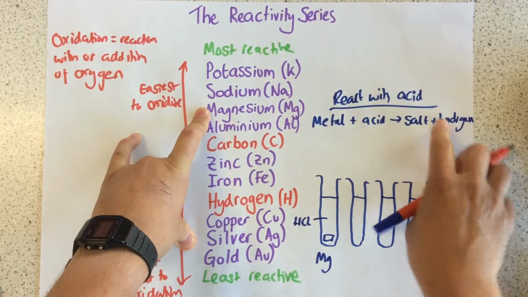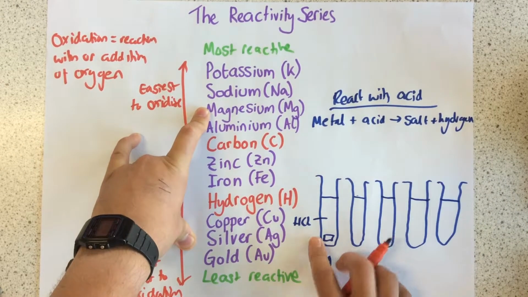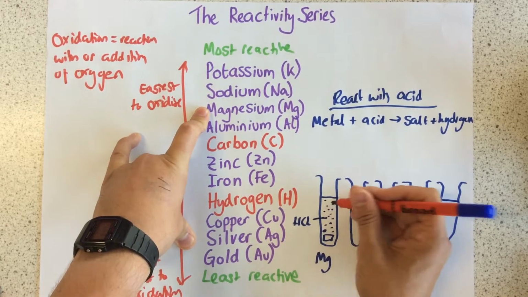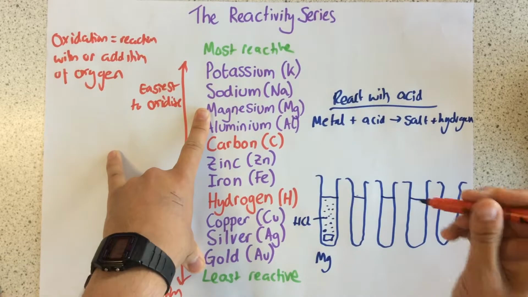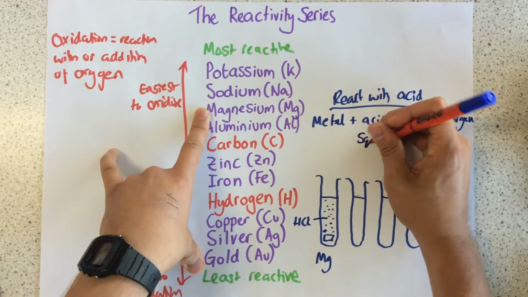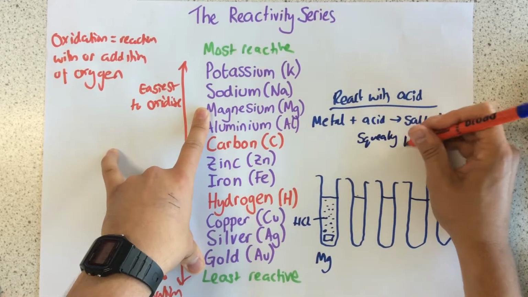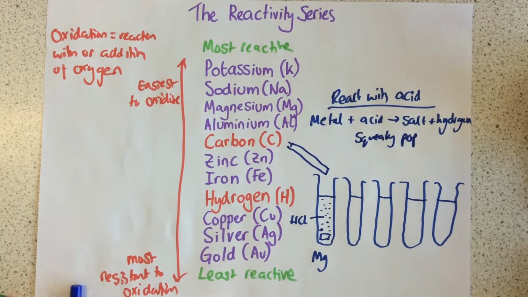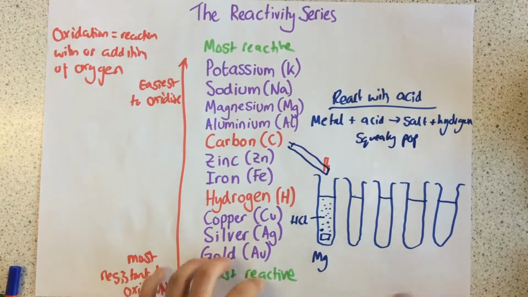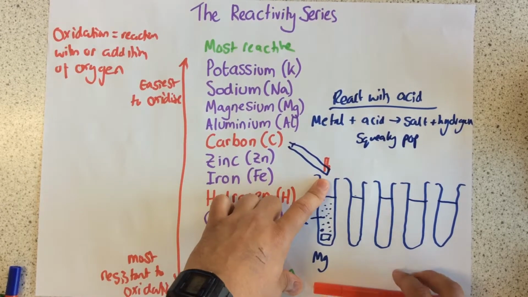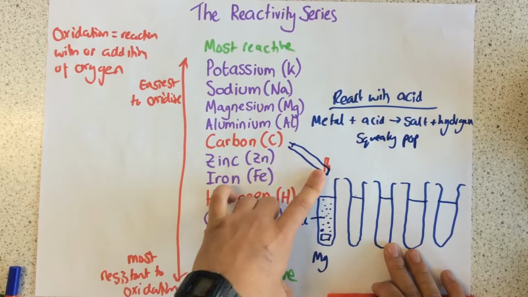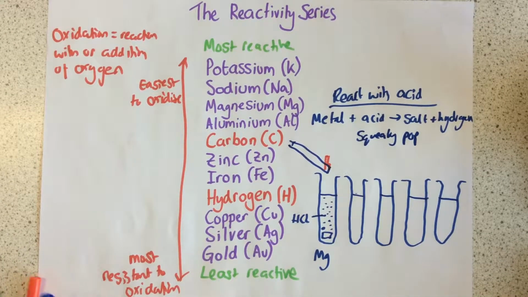Remember, hydrogen is being produced when we react a metal with an acid, and we'll see loads and loads of bubbles being produced here. Now, the test for hydrogen is called the Squeaky Pop Test. What you do is you hold a lit splint over the test tube, and if there's a squeaky pop, then we know that hydrogen is present. This squeaky pop would be really, really loud.